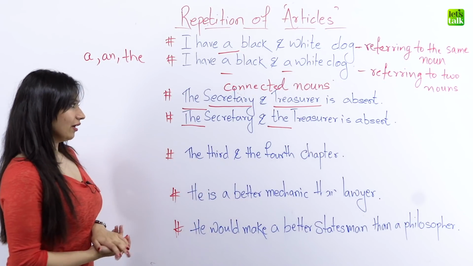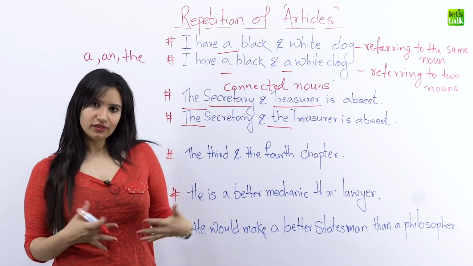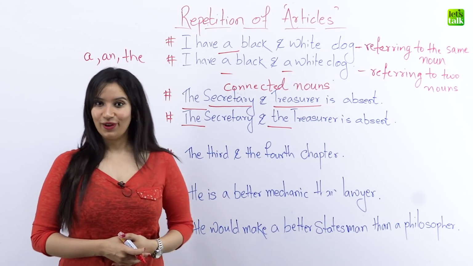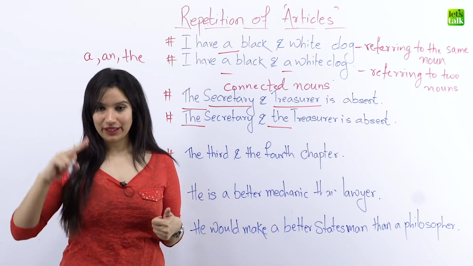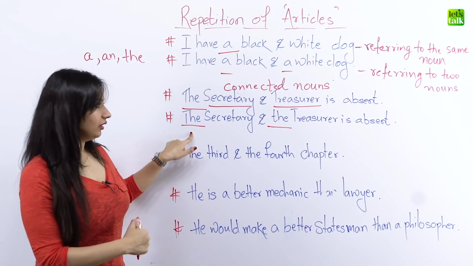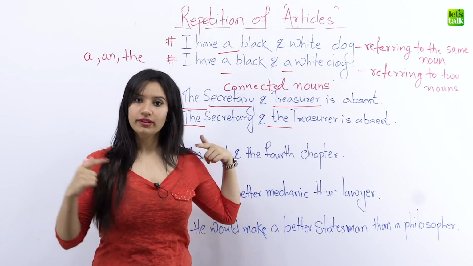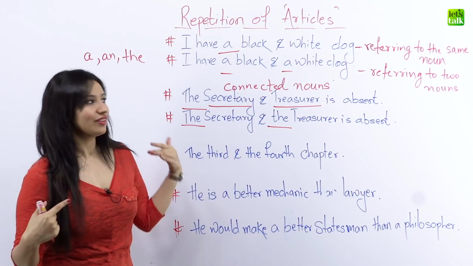The next one that we have is, the secretary and the treasurer is absent. Are we still talking about the same person? No. In this case, we are talking about two different people, all right? We have the secretary, who is one person, and we have the treasurer, who is another person, and both of them are absent on the same day.